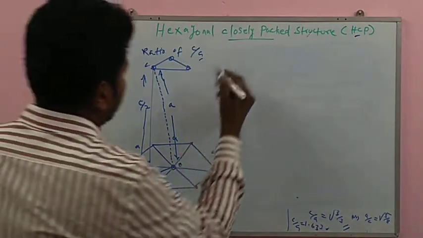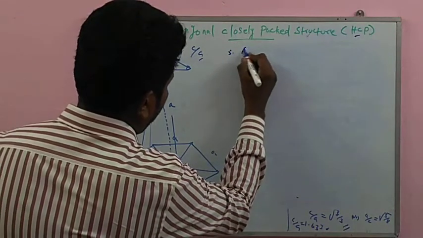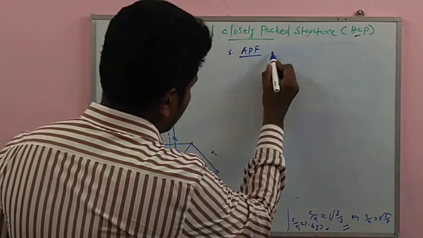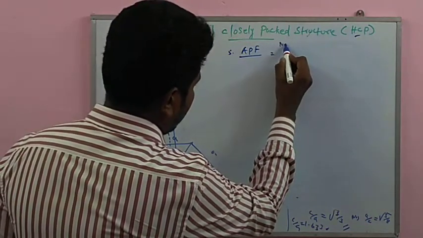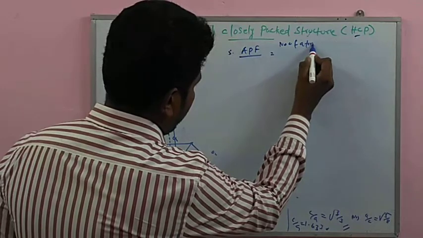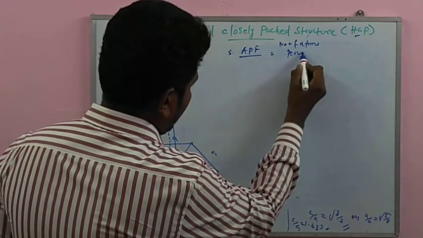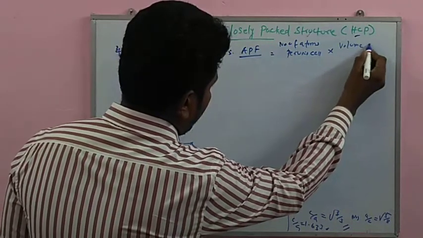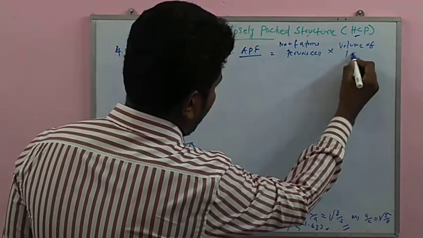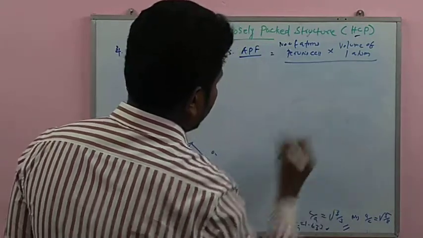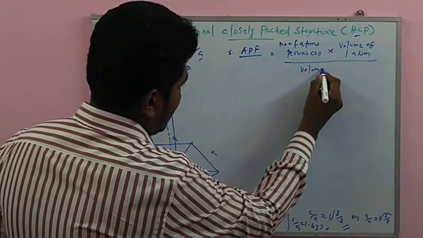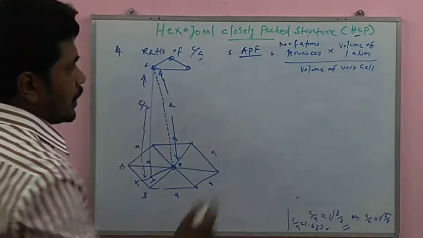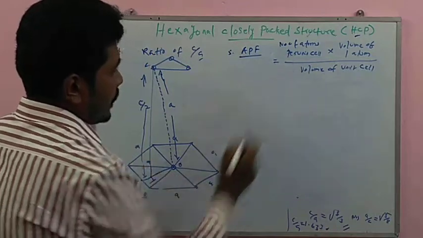Next, number 5, APF, that means atomic packing factor calculation. The atomic packing factor is the number of atoms per unit cell into the volume of one atom, divided by the volume of the unit cell. Understand? That is the atomic packing factor calculation.